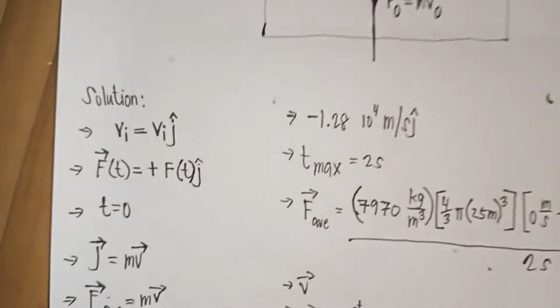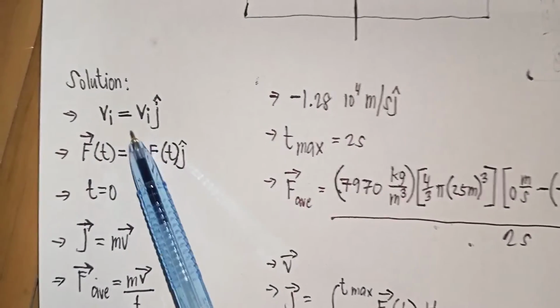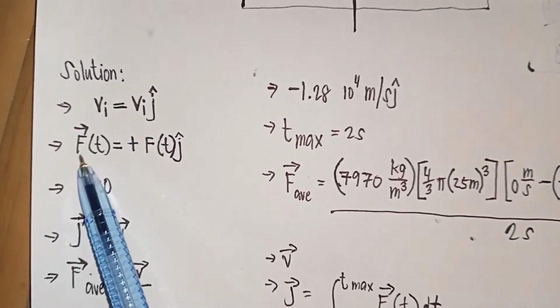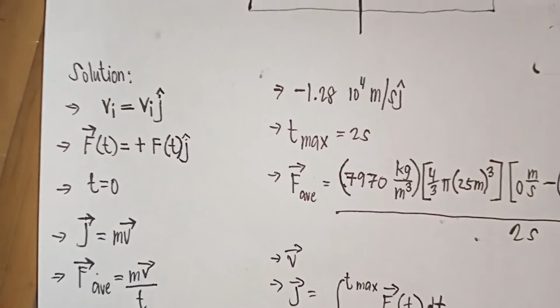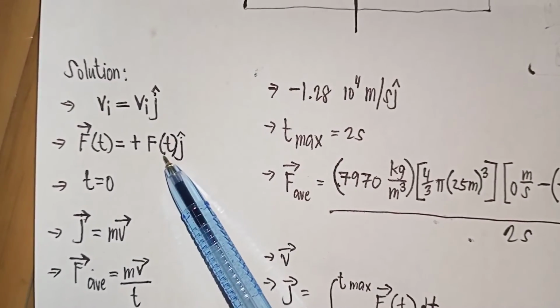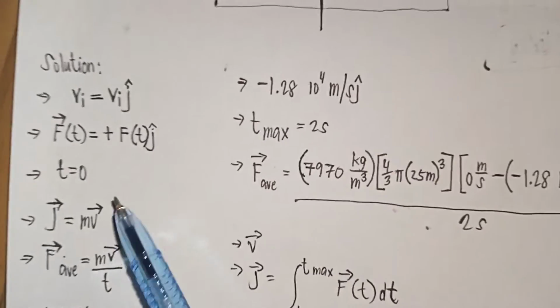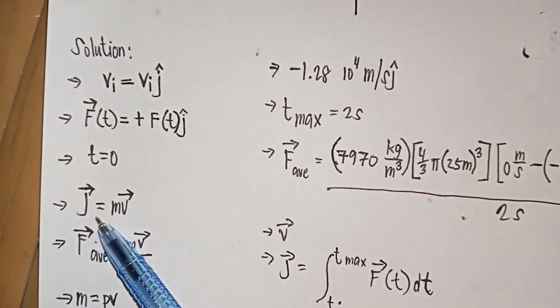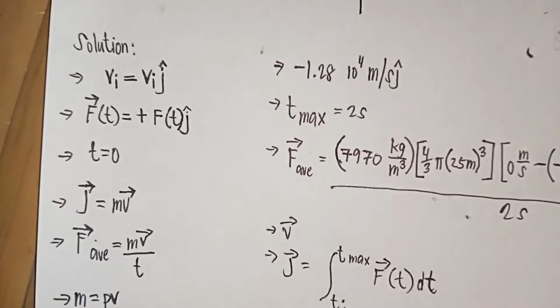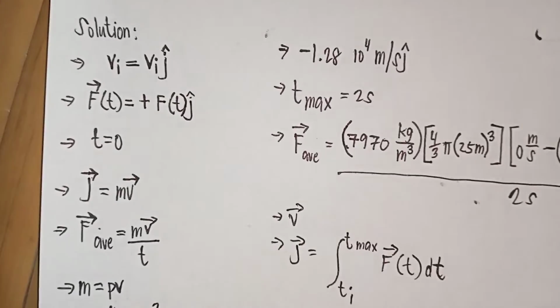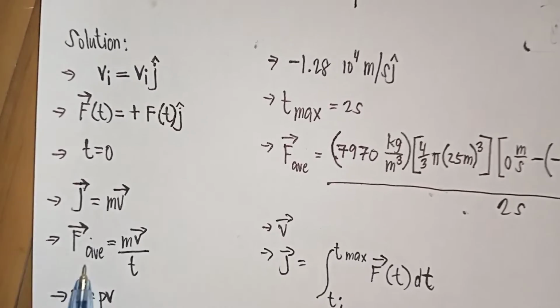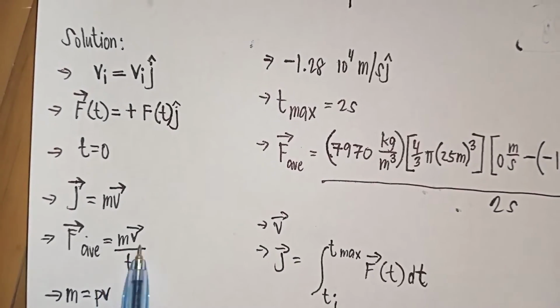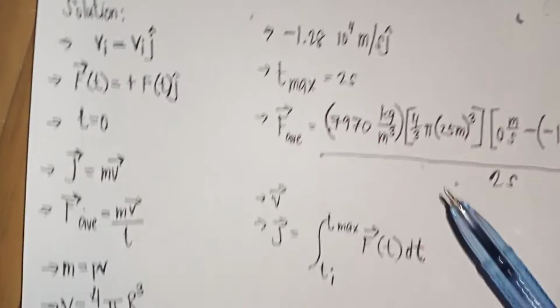Solution. Initial velocity equals initial velocity j. Then F of t equals positive F of t j. t is equal to 0. Then J is equal to mv. So we have average force equals mv over t.